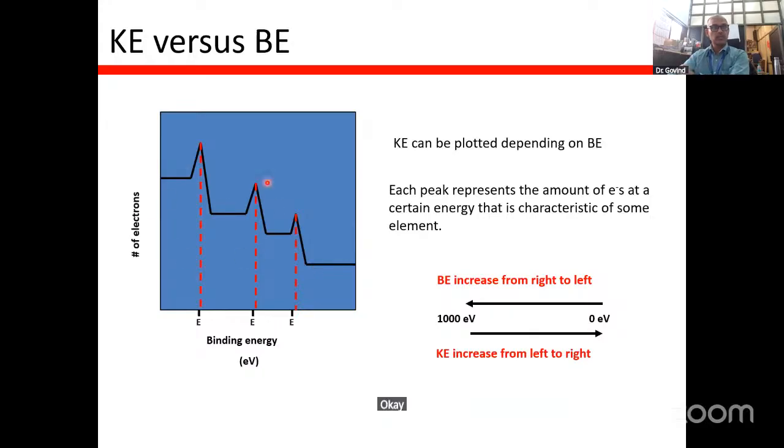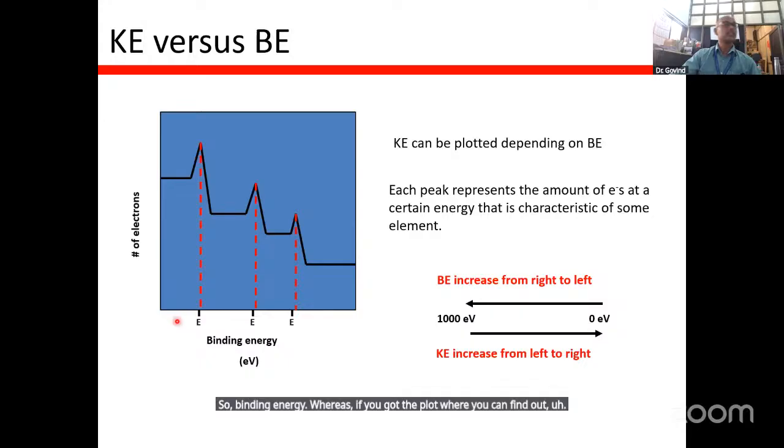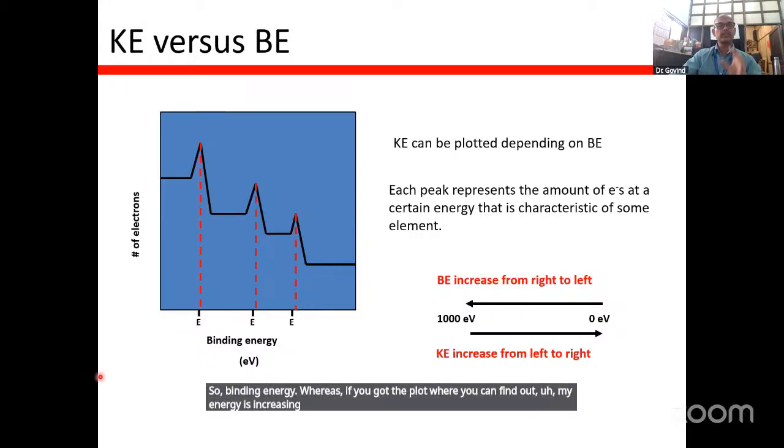If you see the graph, binding energy will always increase from right to left. Whereas if you get a plot where the energy is increasing from left to right, you have to understand the x-axis is not the binding energy, it is the kinetic energy.